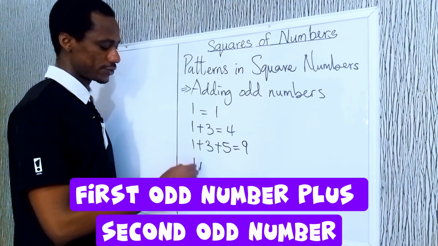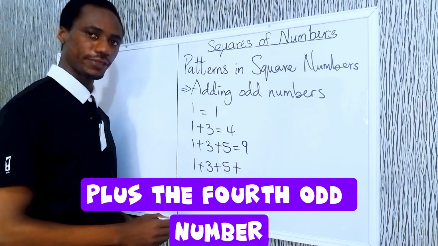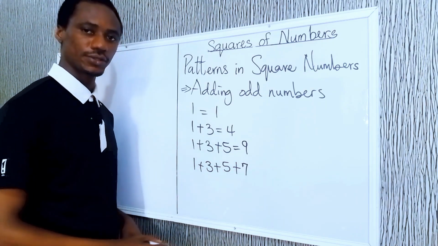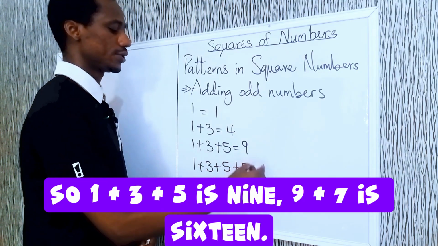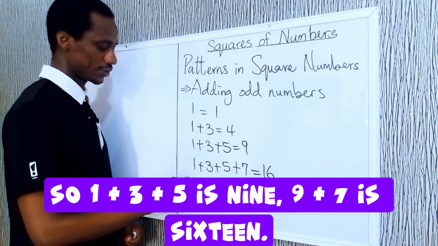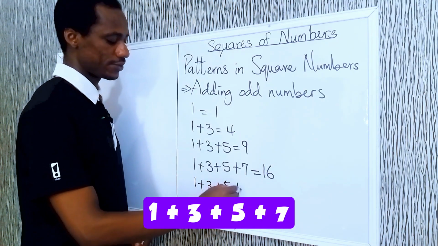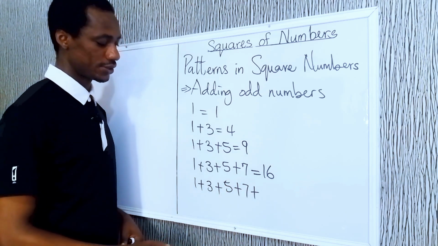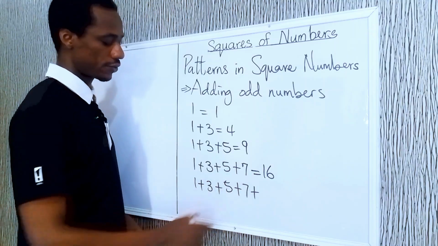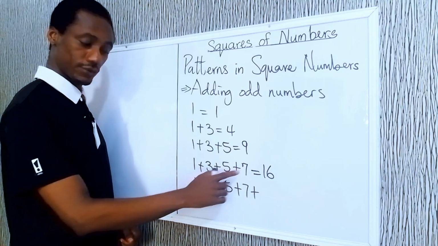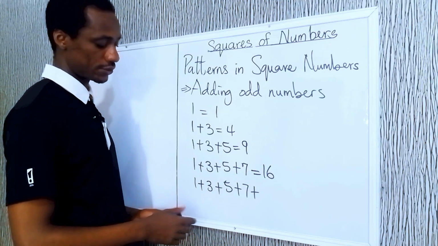And then let's go again. First odd number plus second odd number plus the third odd number plus the fourth odd number, which is 7. So 1 plus 3 plus 5 is 9, plus 7 is 16. Let's go one more step, 5 consecutive odd numbers from the first one.